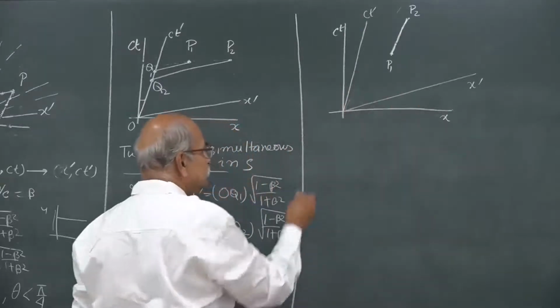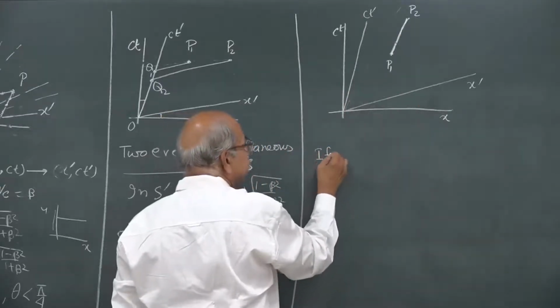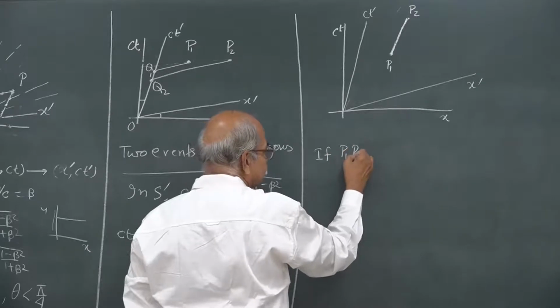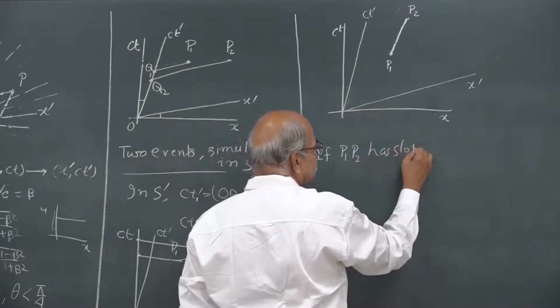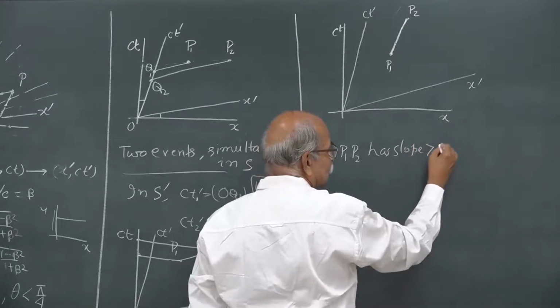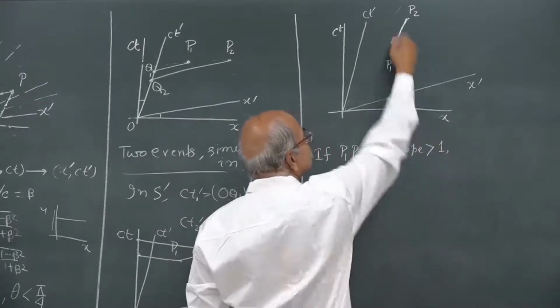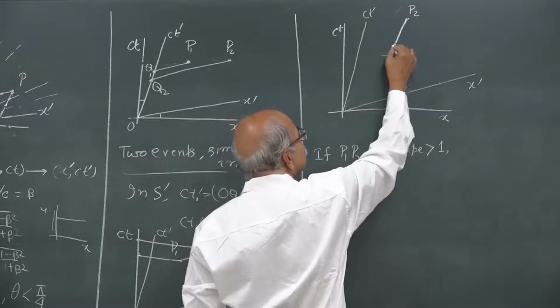So, in this case I do not have any frame if P1 P2 has slope greater than 1, right, greater than 1. So, this angle is more than 45 degrees.